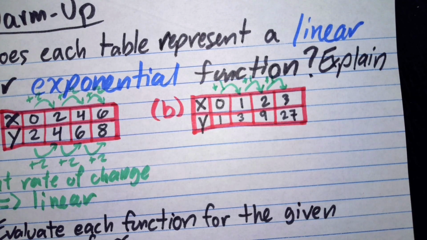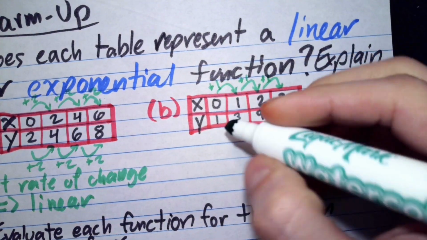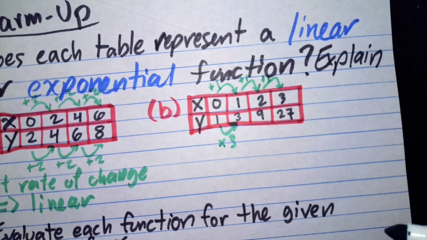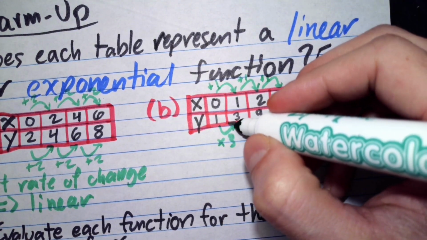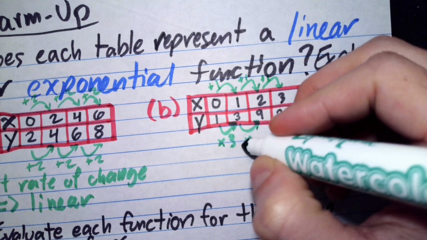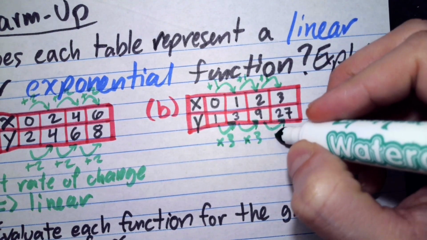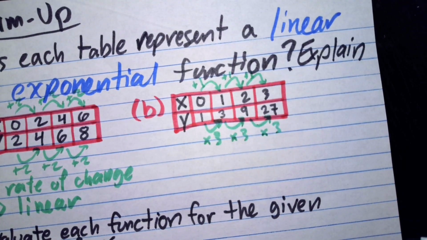But if we pay real close attention, if I want to go from 1 to 3, I have to multiply by 3. And if I want to go from 3 to 9, I once again have to multiply by 3. And then to get from 9 to 27, I have to multiply by 3 again.